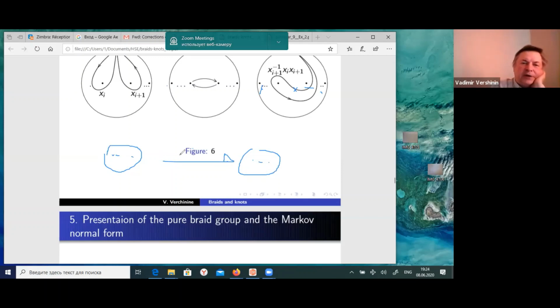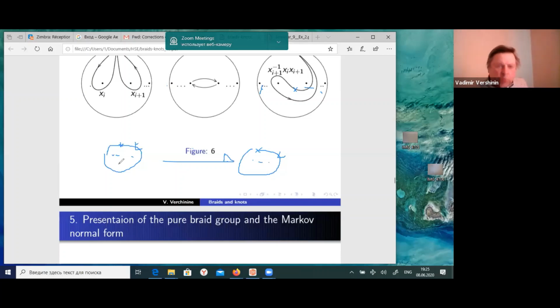You have a mapping class group. Sorry, I forgot to tell that the circle, the boundary of this disk, should be fixed point by point. So you consider all these homeomorphisms up to isotopy.